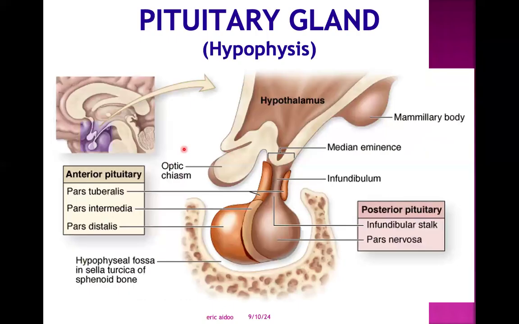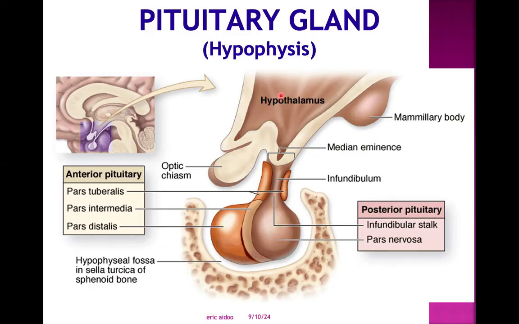Now, a diagram of the pituitary will indicate that it has a connection with the brain superiorly through the hypothalamus. You can see that the substance that the hypothalamus is made up of is the same substance that extends to the posterior pituitary.